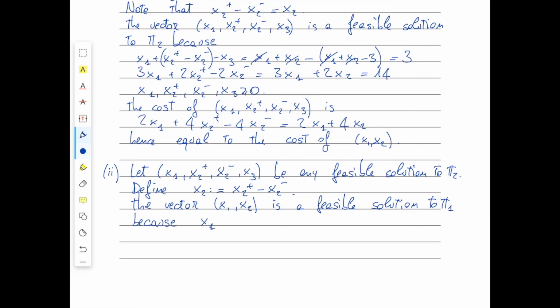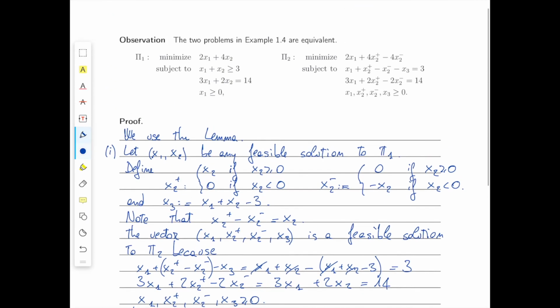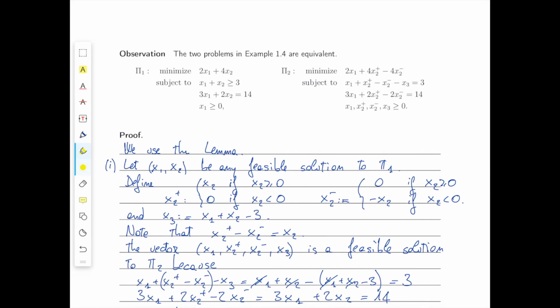The first one is x1 plus x2, which should be greater than or equal to 3. Here we just need to substitute. This is x1 plus x2 plus minus x2 minus. And it follows from the feasibility of the original point to pi2 that this is greater than or equal to 3, where we are using the fact that x3 is greater than or equal to 0.